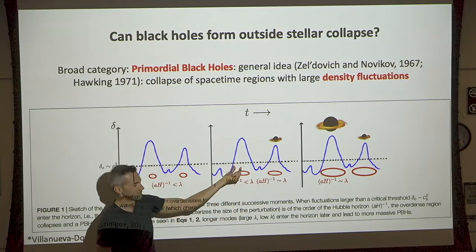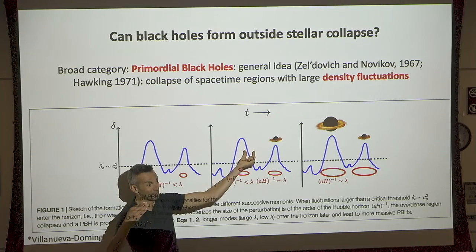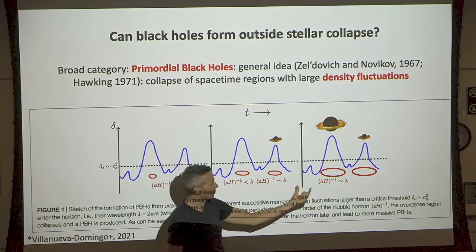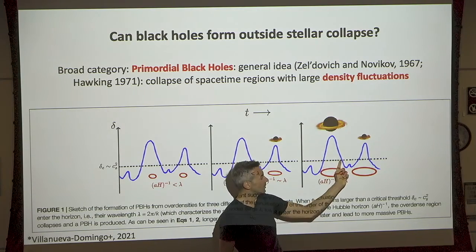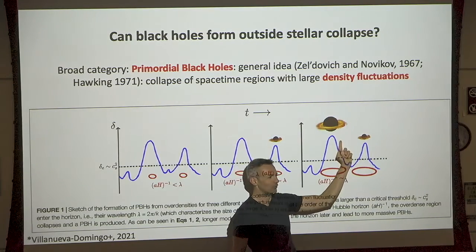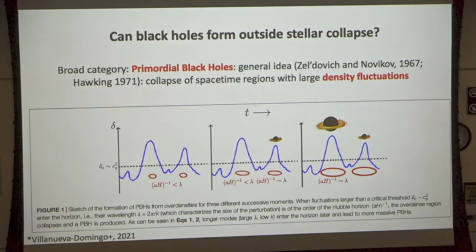Because if the horizon is smaller, the universe there keeps expanding and you don't collapse. But when the horizon crosses the physical size of the density perturbation, and the density perturbation is north of a certain critical value, you necessarily form a black hole.